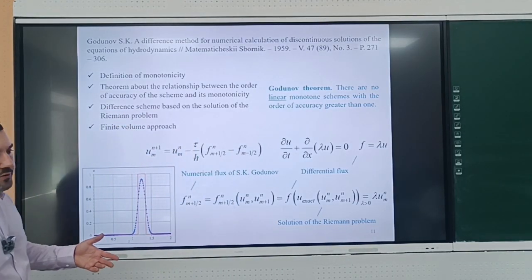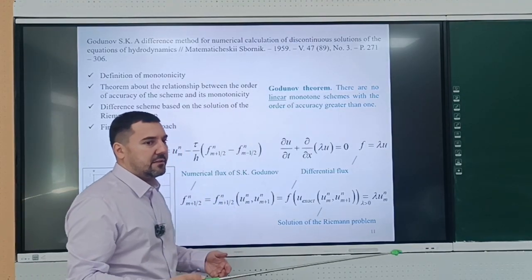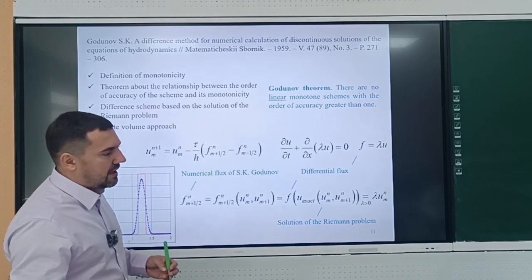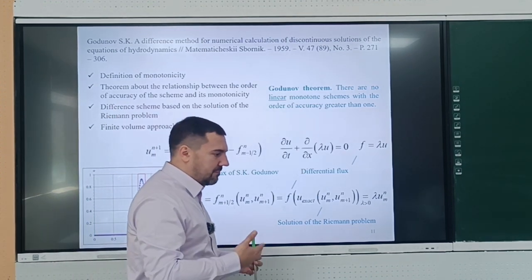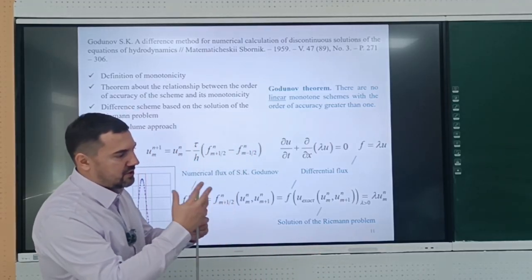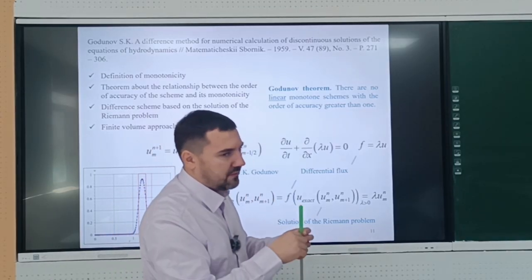How can we solve this issue? We move towards nonlinear schemes and nonlinear stability. Roughly speaking, the best schemes for the solution of hyperbolic equations are nonlinear, and they change their properties depending on the local properties of the solution.